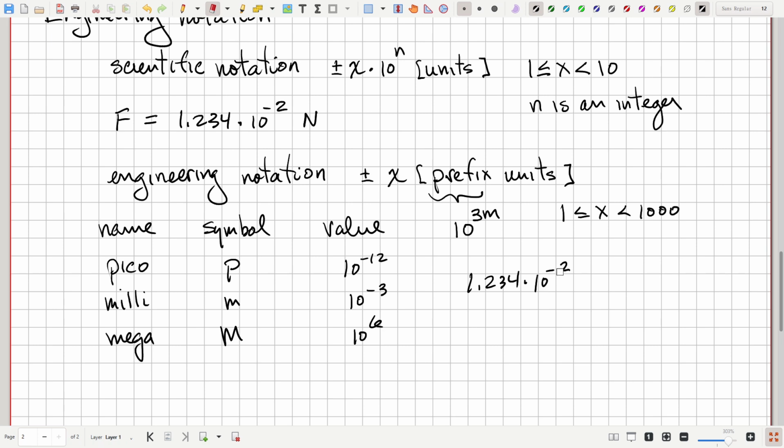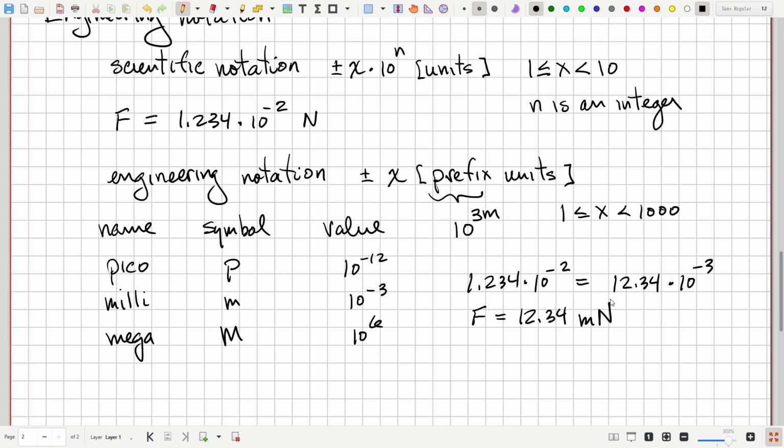Those are our options. If we made this 10 to the minus 3, we reduce this by a factor of 1 over 10, so we'd have to increase x by a factor of 10. So that would be 12.34 times 10 to the minus 3. And so when we put in the units, F in this case would be 12.34, 10 to the minus 3, that's milli, so millinewtons.